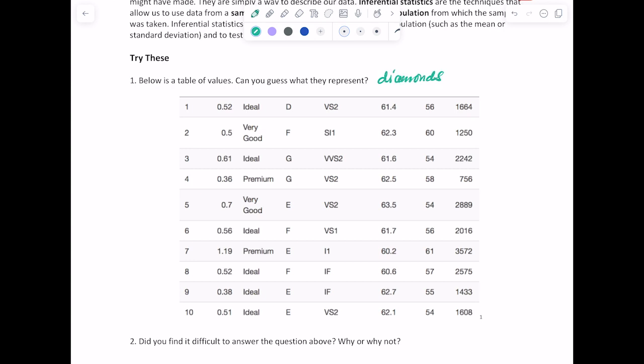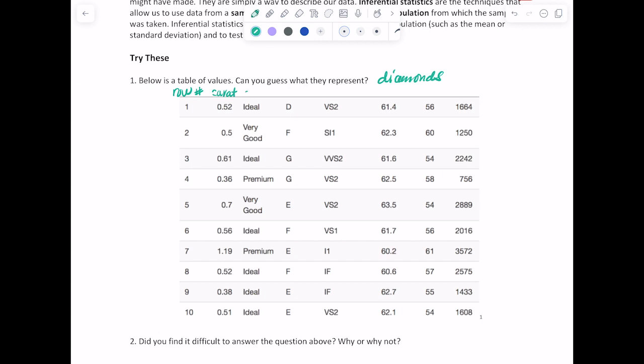Okay. Each of these numbers to the left represents the rows. Next to it, I have the carat size.